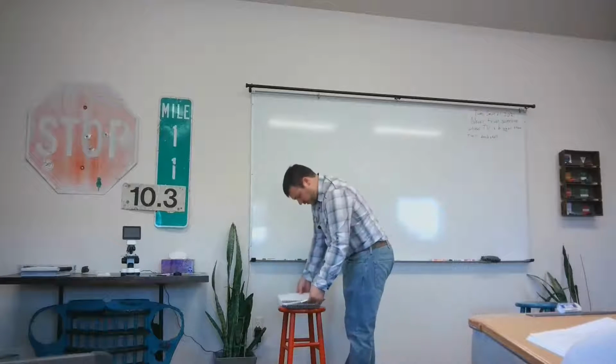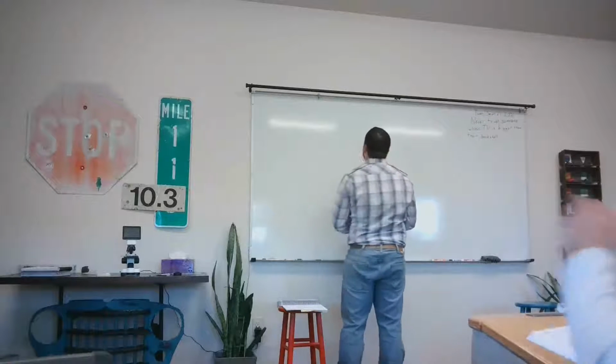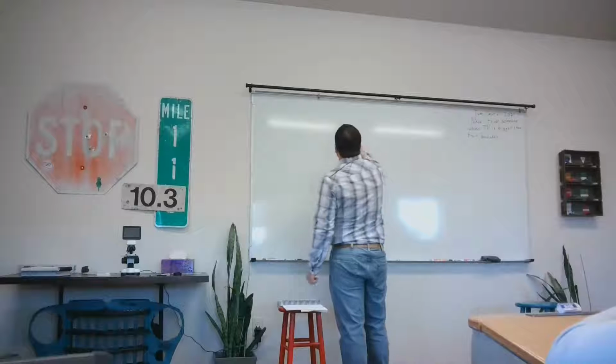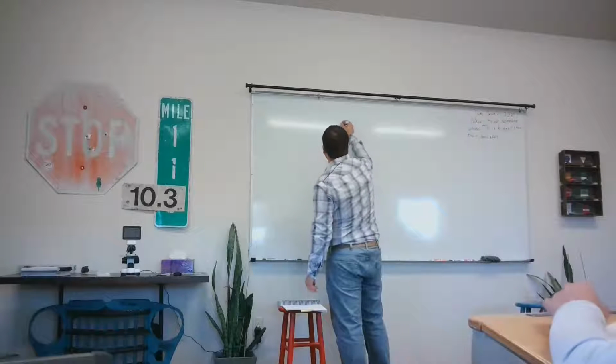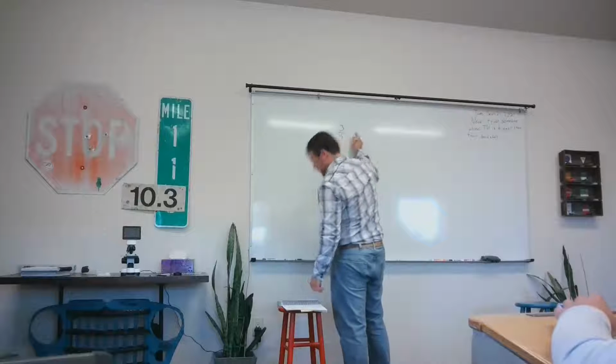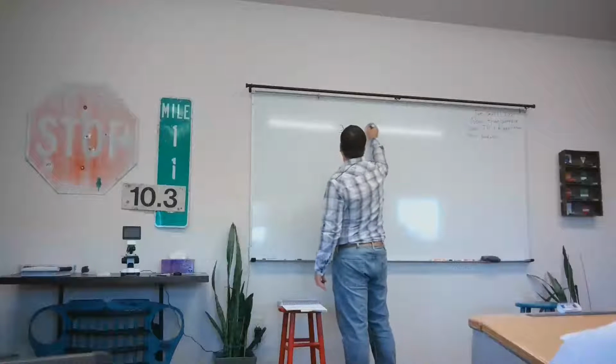All right, let's go to page 48, because we did all the checking yesterday, so we don't have to do that. The question on number 5 is, what is 3/5 of what? 85. 3/5 of 85.